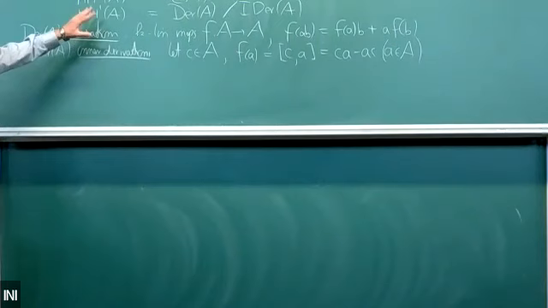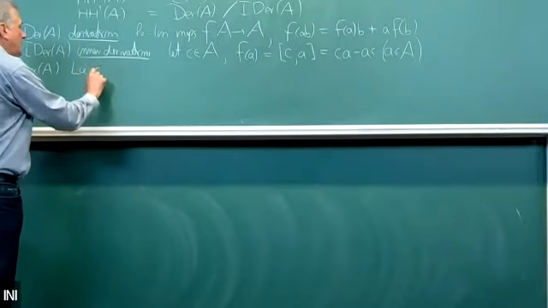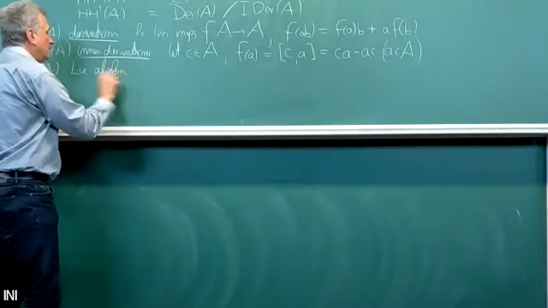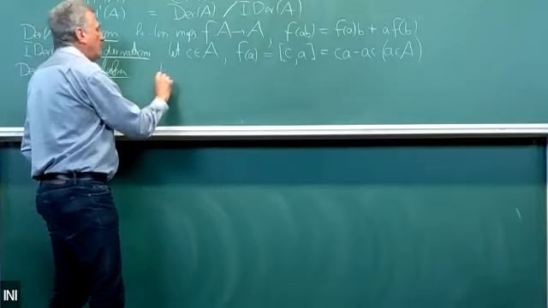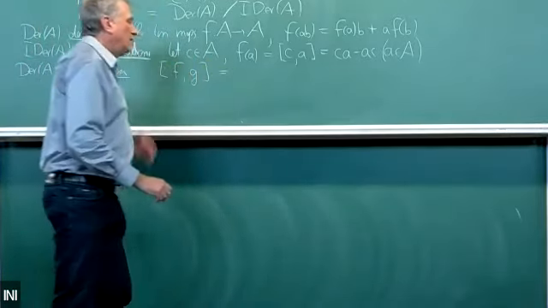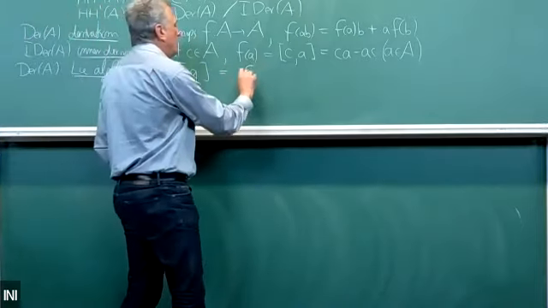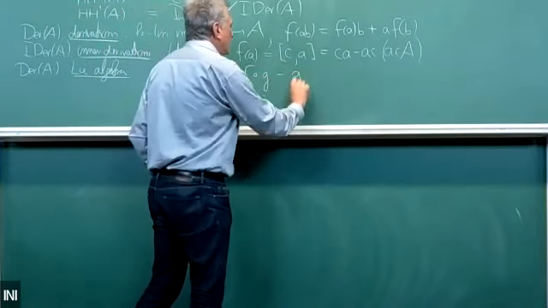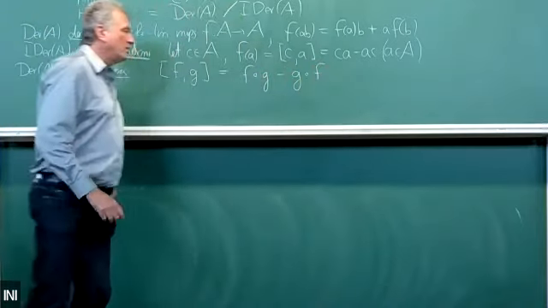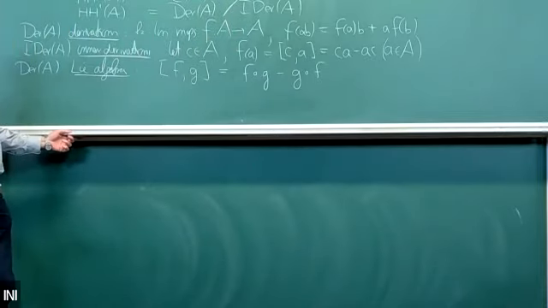But these are not just vector spaces, they're a bit better than that. The derivations form a Lie algebra. So what's the Lie bracket? Take two derivations and just take the additive commutator in the algebra of linear endomorphisms. So compose f and g, and then take the difference with g composed with f, for any two derivations f and g.